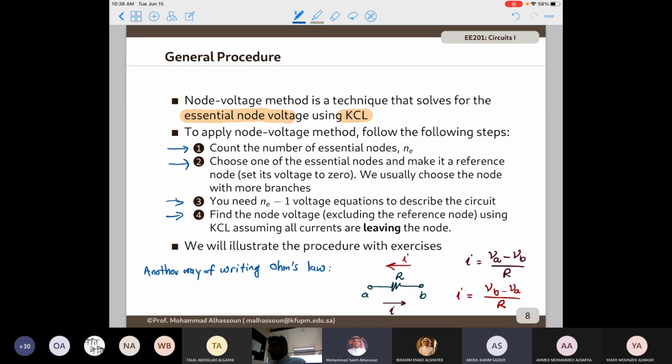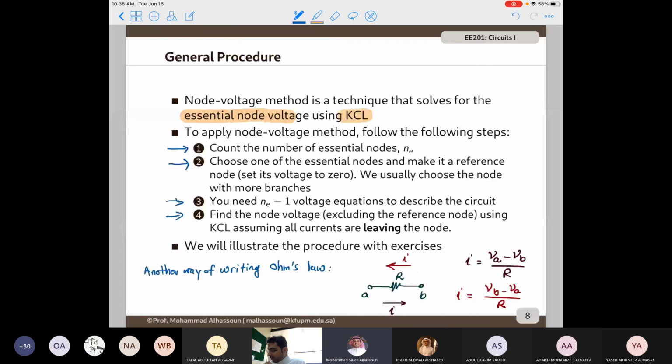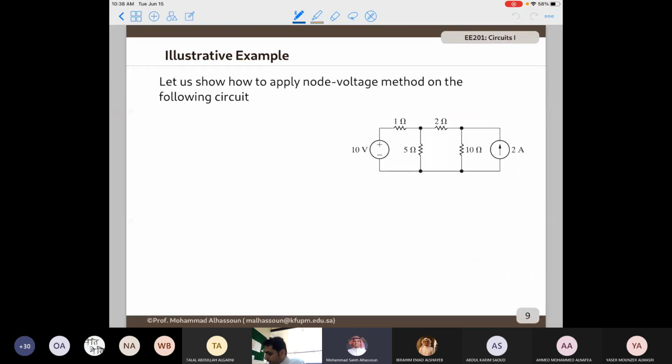So now let's illustrate how to apply the node voltage method. We have the following circuit, and we need to apply the node voltage method to it. Let's go back to the steps. The first one is to count the number of essential nodes. Here, this one is an essential node.